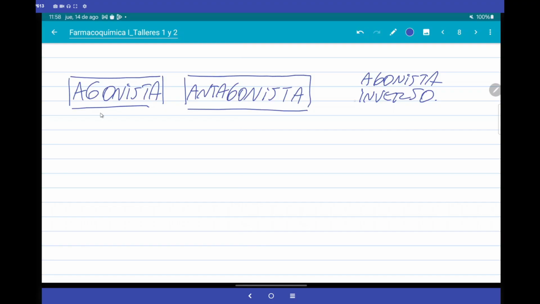But as we have not yet reached the pharmacology course, we are going to define it in the following way: all the receptors, as far as is known, have a certain constitutive activity. If one draws a receptor here, this receptor is going to have a certain constitutive activity. That is, when I say constitutive activity, I mean that the receptor is signaling.